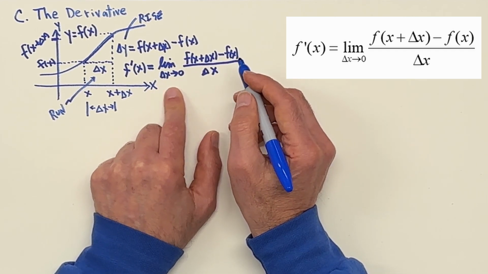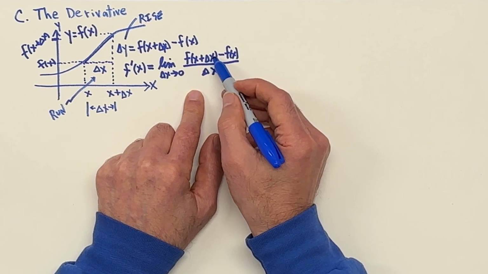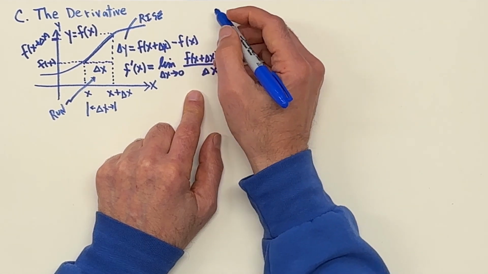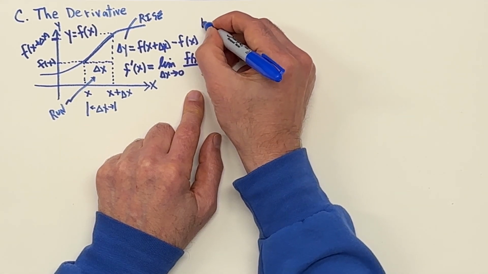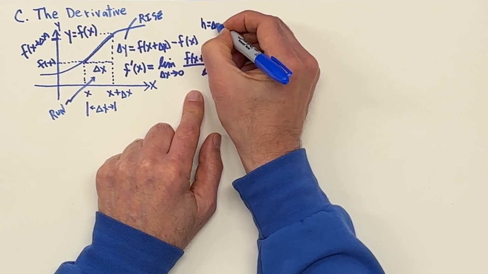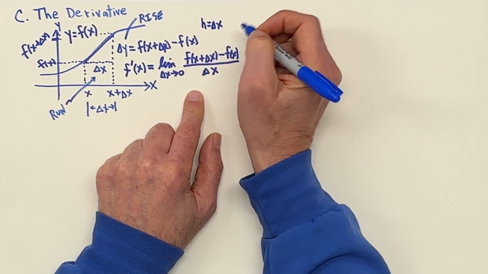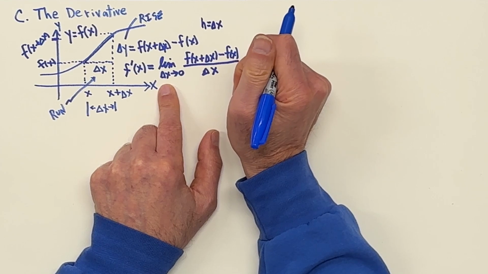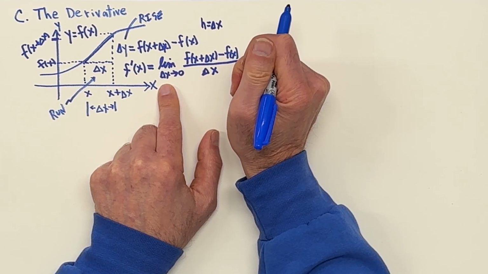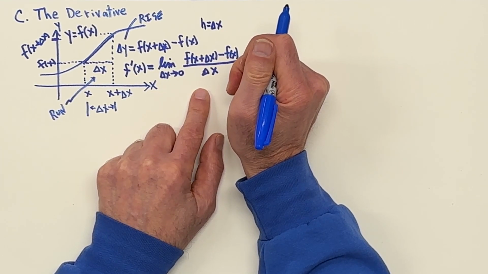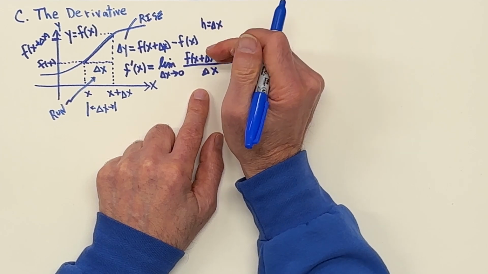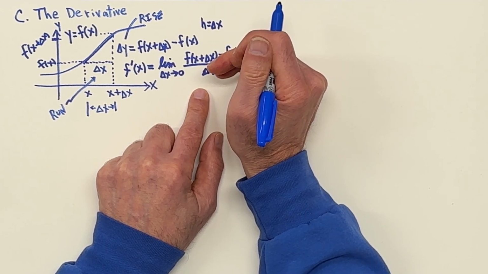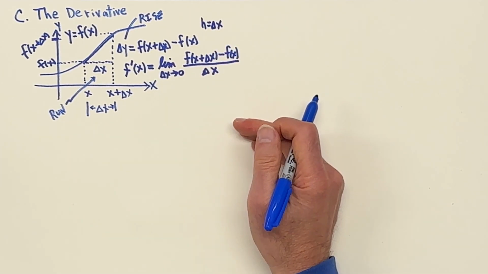Now, in many books, you'll find delta x defined as h. They just use h, and I'll do that sometimes. I'll use h instead of delta x. You replace the delta x's with h's. But for this first example, and occasionally, I like to use the delta x where everything's very explicitly shown. So here we go.